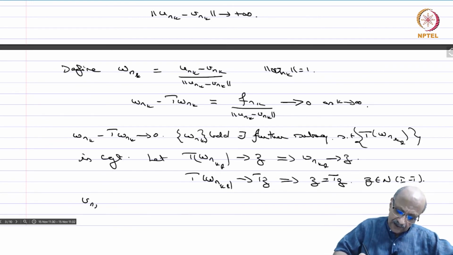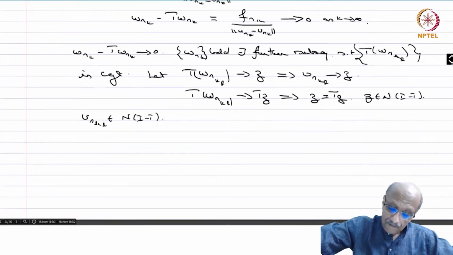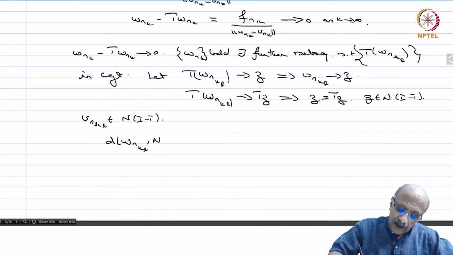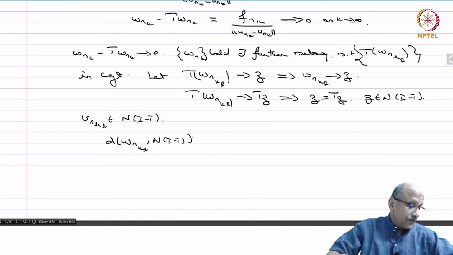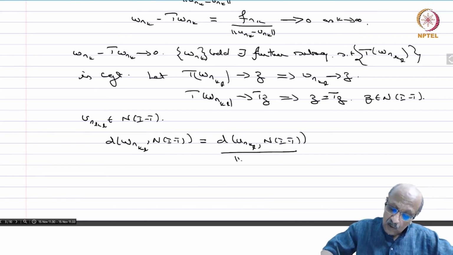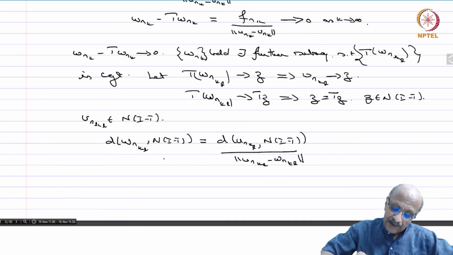Now Vnkl belongs to N of I minus T, and therefore the distance of Wnkl from N of I minus T is nothing but the distance of Unkl from N of I minus T divided by norm of Unkl minus Vnkl.